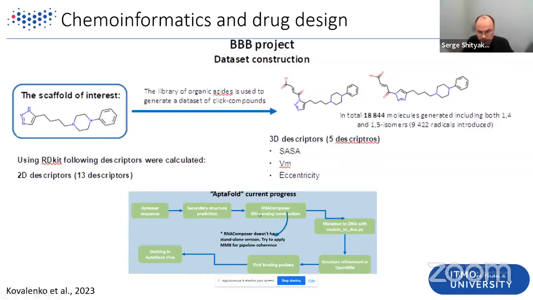And this is a scheme of how we are trying to model this process, starting from the aptamer sequences to the 3D structure, and then to the interaction of the aptamer with some targeting molecules. It's still in progress, so I'm not going to give you a lot of details on this scheme.